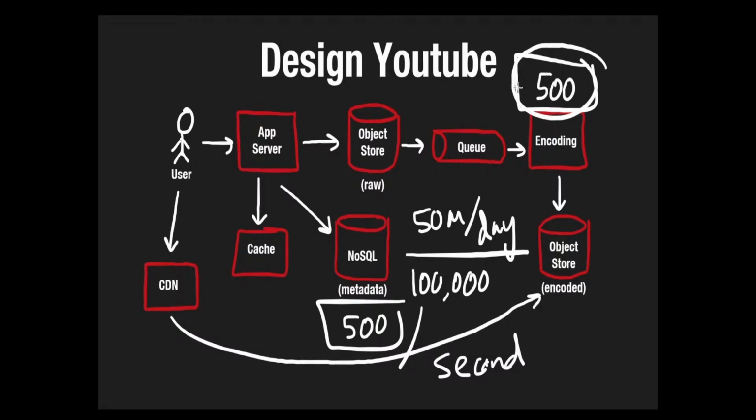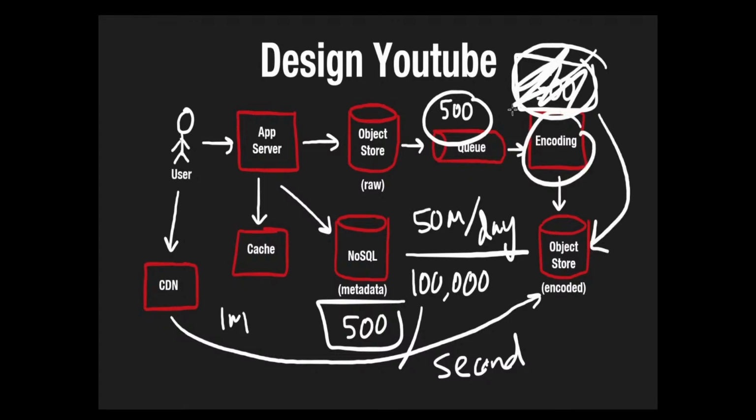Now 1 more second goes by and we have 500 more videos uploaded, but every worker is busy, so we add those 500 to the queue, and then another second goes by and we add 500 more, and this keeps happening until 1 minute has passed, and then finally these 500 are done and we can store them, and now the workers can get 500 more videos, but by this point our queue would be backloaded pretty hard. At this rate we would never get through the backlog, so we need more than 500 workers.